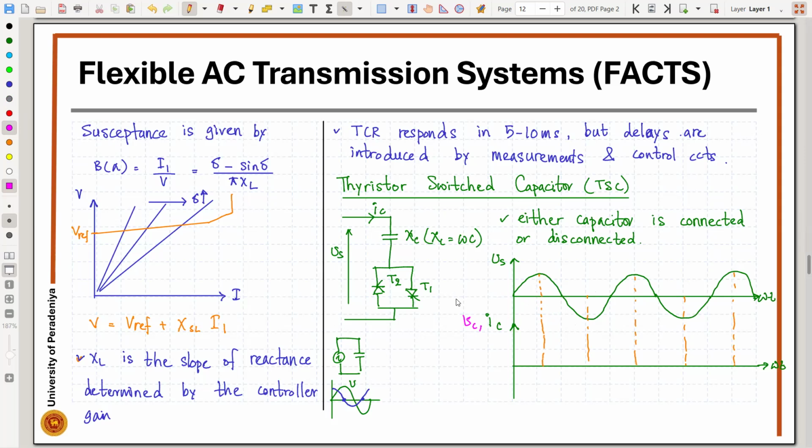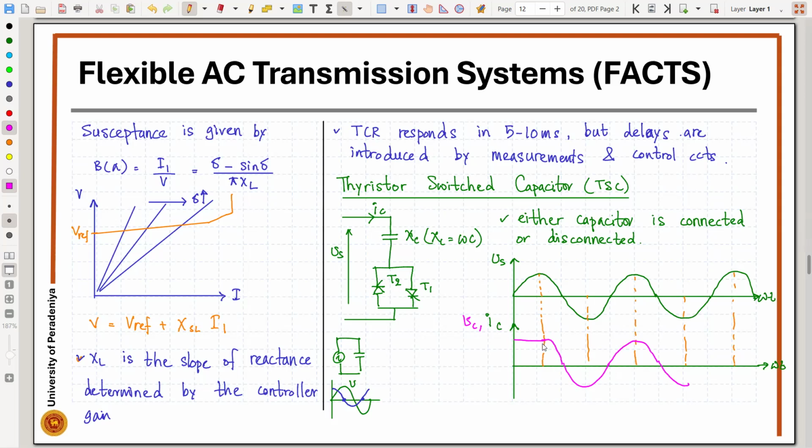So if we assume that initially the thyristor switch capacitor is in the off state, then the voltage would be at the positive peak. At this point, we are going to provide the firing signals. When we provide the firing signals, the voltage is the same. Now the voltage is going to follow the supply voltage when this is connected.